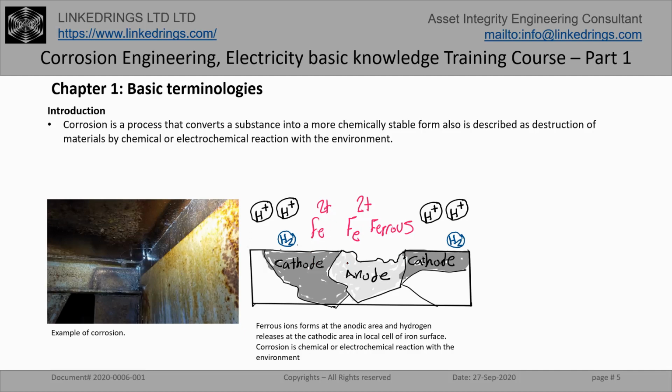The active parts, we name anodes, and the less active parts, we name cathodes. On the anodic area, ferrous ions, Fe2+, will form. And on the less active parts, which we call cathodes, hydrogen will be released. Again, more explanation of this will be in the following parts of this training course.